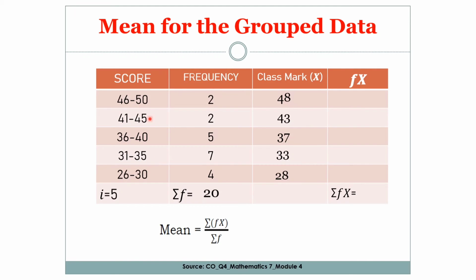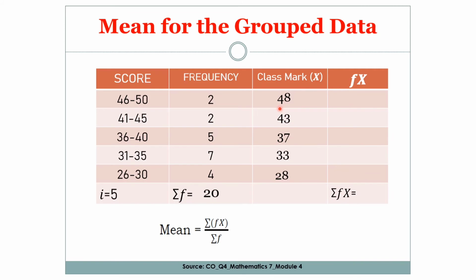Then, the result will be divided by 2. Example, 46 plus 50 is 96. Then, 96 divided by 2 is 48. So it's just like getting the average. So it's up to you what method you are going to use, whether by counting or by getting the average.